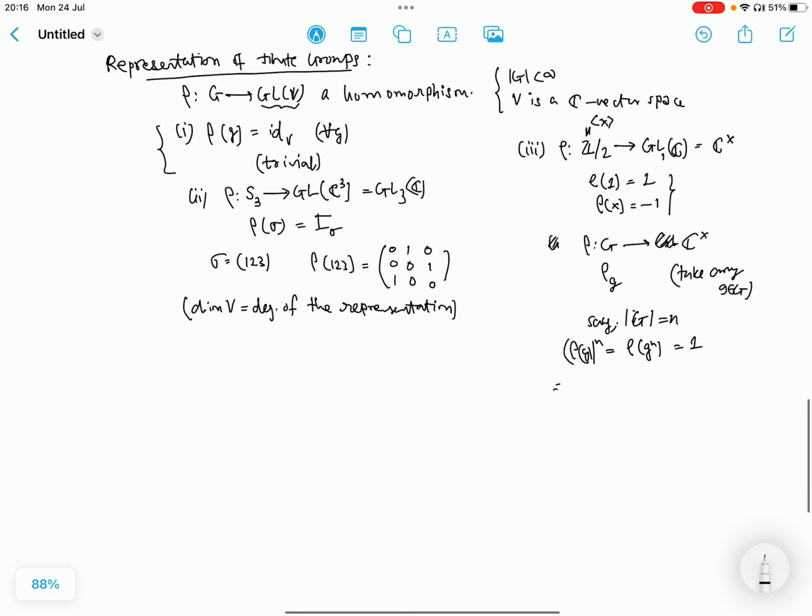Sometimes I will write in suffix because that is very convenient. So rho_g is a complex number with its nth power equal to 1. What are the possibilities of rho_g? It lies in C star, so rho_g is just an nth root of unity.